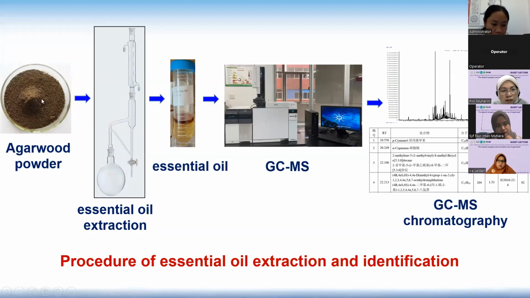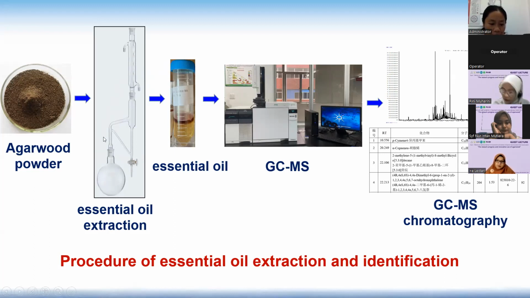Here we have made a powder, which makes it much easier to extract the composition from the sample. Then we use the steam distillation method to extract the essential oil. Of course, there are many methods to extract essential oil, but in our laboratory, the most used method is steam distillation.